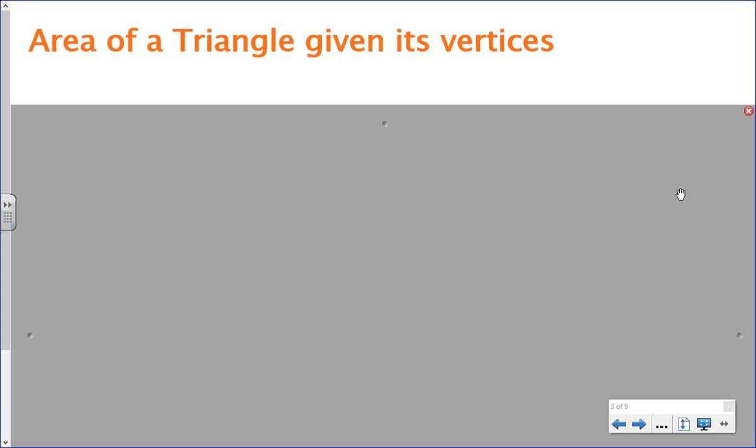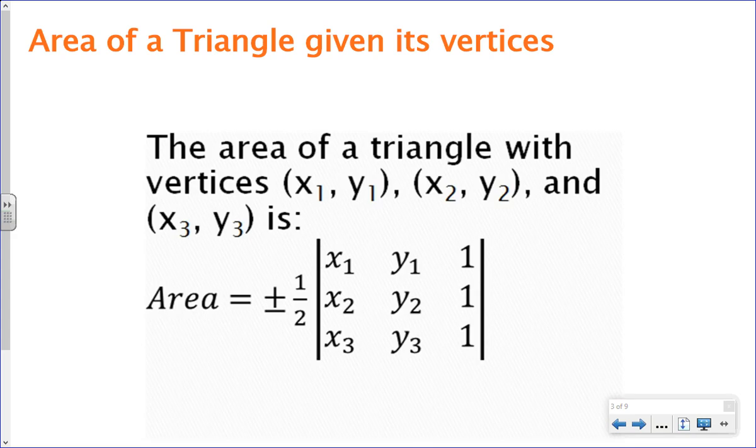Now, if your triangle is sitting on the x-axis or parallel to it, we can easily find the length of the base and the height just by counting. But if it's not, then we have to do some messy geometry, and not always is it easy. So here is a way to take 3 points in a coordinate plane and find the area of a triangle. I'm going to let you just write it down, and I'll talk about how we're going to use it.